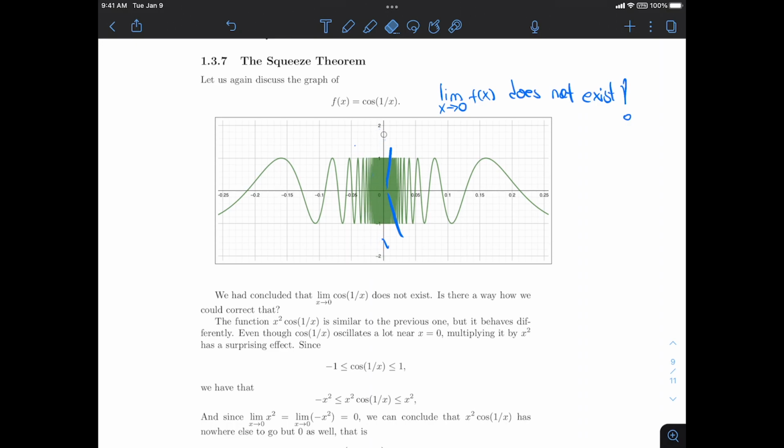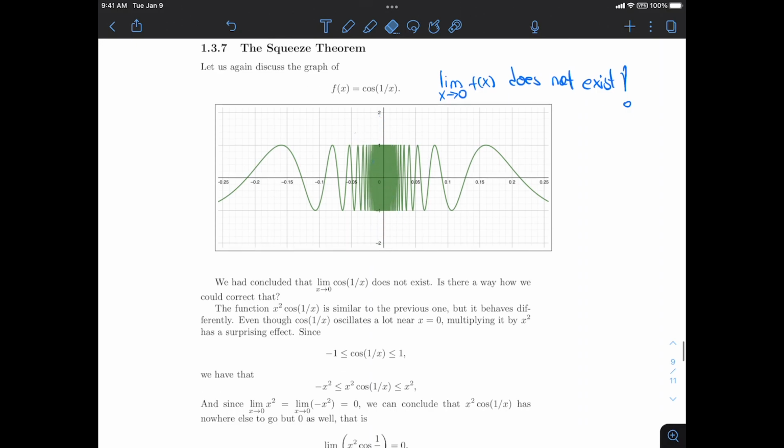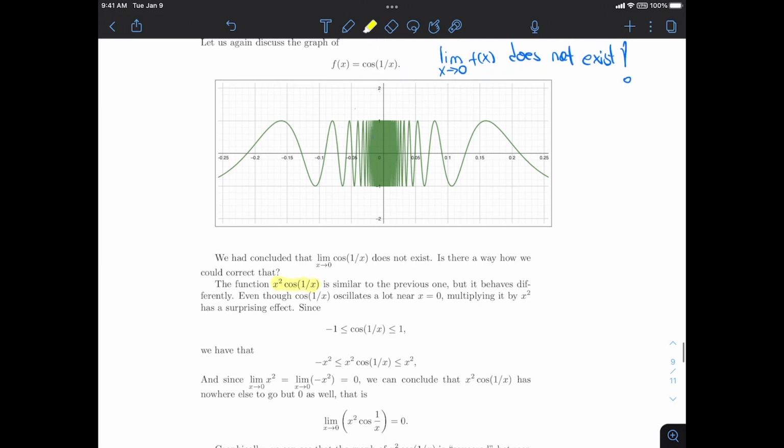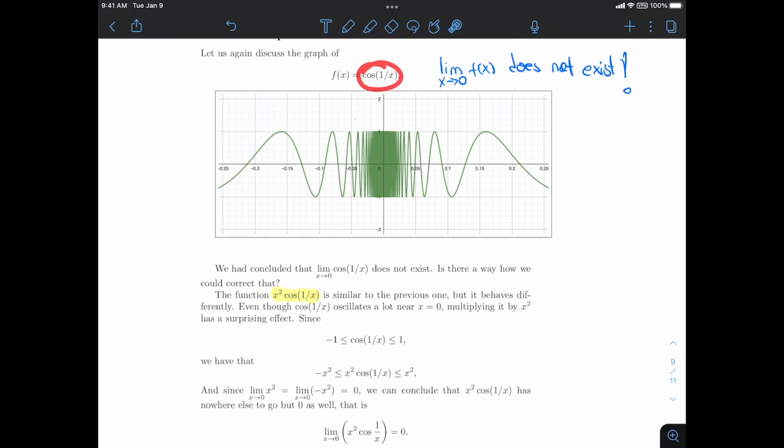So let's take as an example this function right there, which is x squared cosine 1 over x. Very similar. The difference is that we're multiplying by x squared in front now. The idea is that, isn't it true that cosine of anything is between 1 and -1? That's always true.